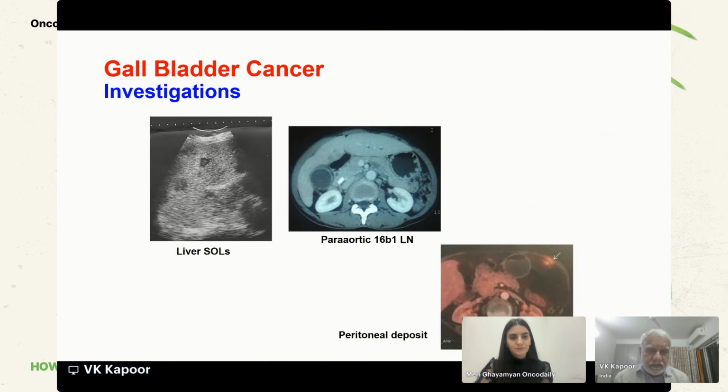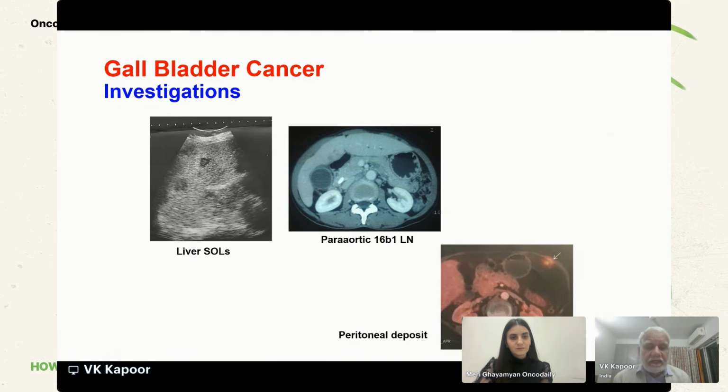If CT does not show metastasis, then the next investigation is a PET scan, again to detect distant intra-abdominal disease and extra-abdominal metastatic disease, either in the lungs or in the supraclavicular node or in the bones and brain. It has been shown that even after the CT shows no metastasis, because gallbladder cancer is a very aggressive malignancy, PET scan may show distant disease and may alter the plan of management in a significant number of cases.